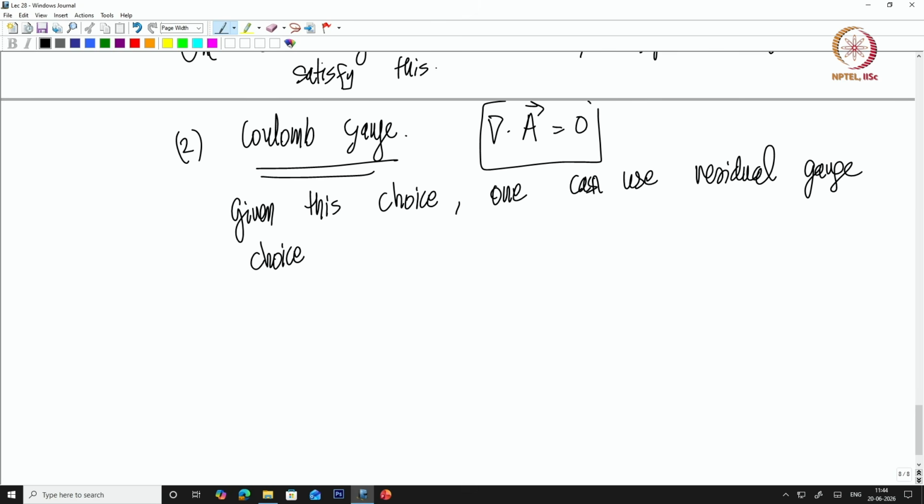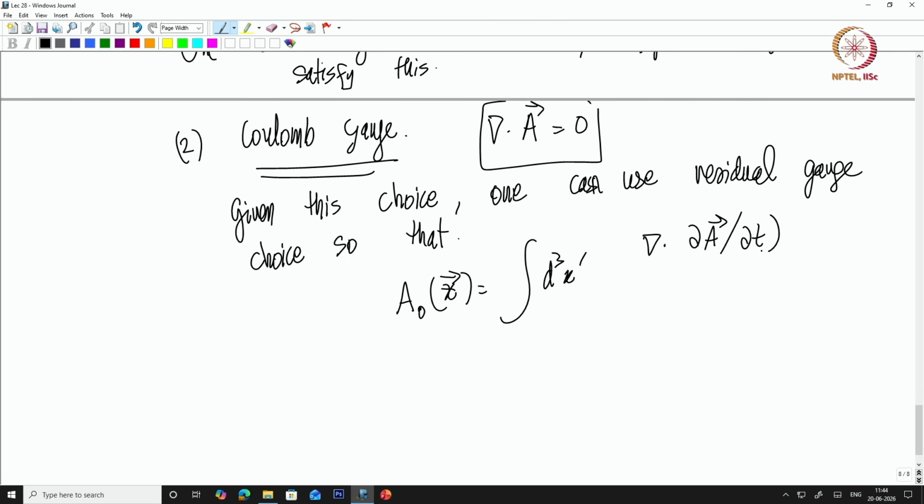So, the residual gauge choice means that you have this. Now, del dot A bar we had set fixed to be 0. Now, you have A0 of x bar given by this thing, the integral d cube x prime of del bar dot partial A by partial t of x prime.